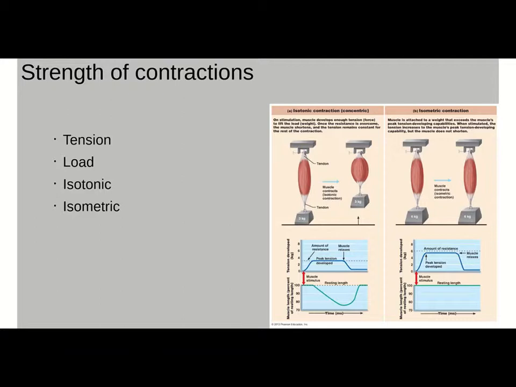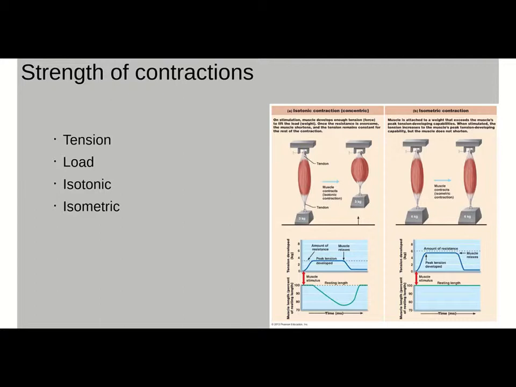In our little diagram over here, it's a weight. Load would be how much force is applied to the muscle by the thing that's being moved. But for ease of explanation, we're going to just refer to load as what is being moved by the muscle.